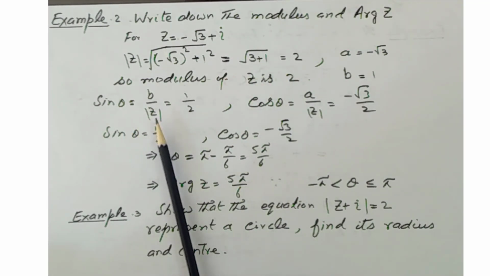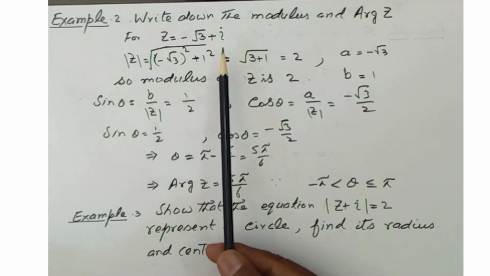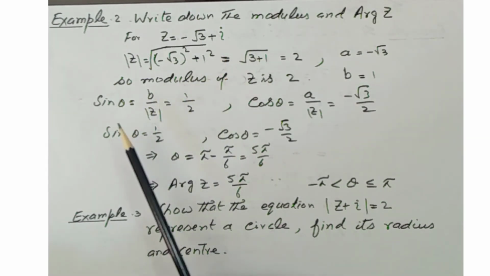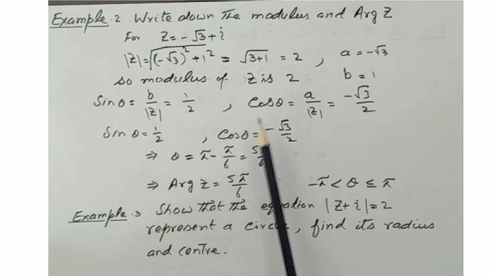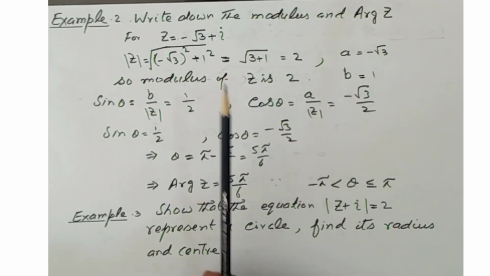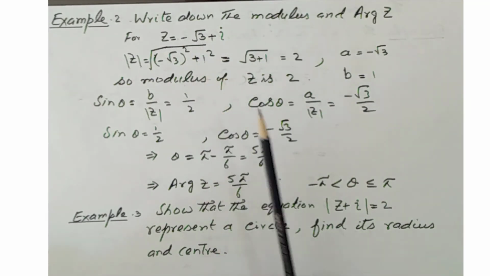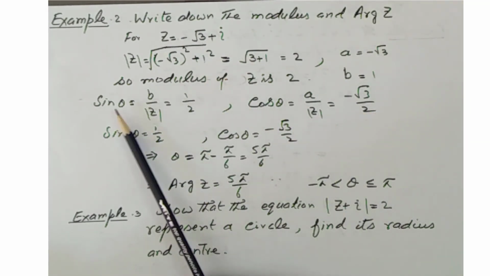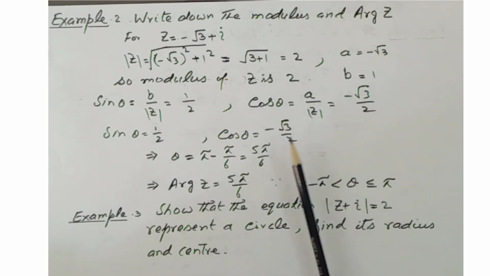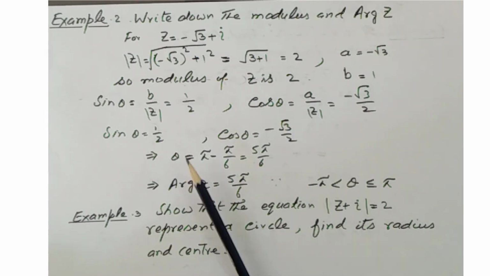Now sin theta equals b over z mod, the value of b is 1 and the value of z mod is 2, so we put 1 by 2. Cos theta equals a over z mod, a equals minus under root 3 and z mod equals 2, so cos theta becomes minus under root 3 by 2. Sin theta equals 1 by 2 and cos theta equals minus under root 3 by 2.